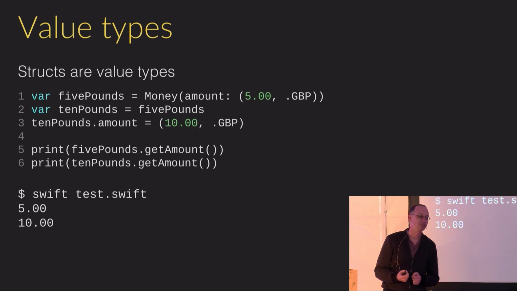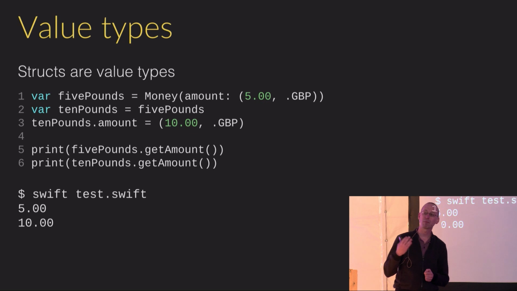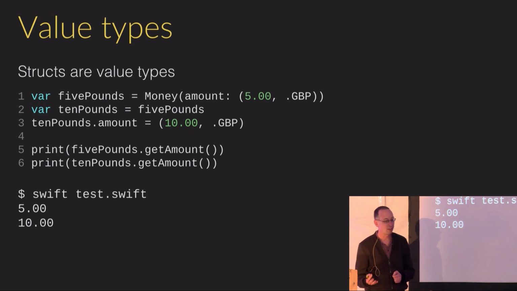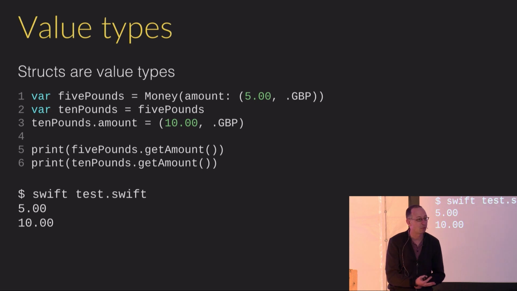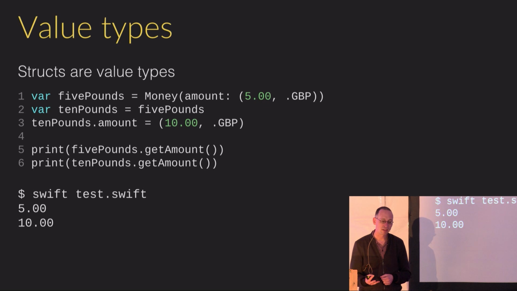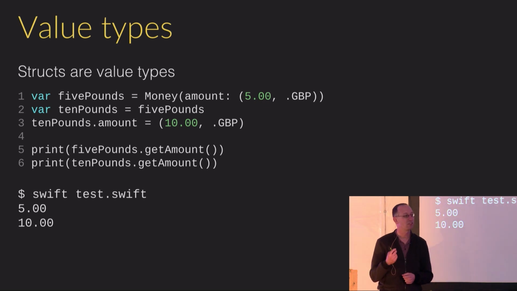Value types, however, are copied when you do the assignment. So if we go back to our money structure and have my £5, I assign my £5 to a £10 variable, change the amount to £10, and now when I print out the amount, I get £5 and £10. I don't change the £5 instance of the money structure because it is a value type.